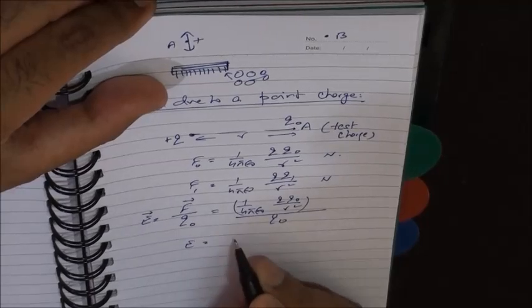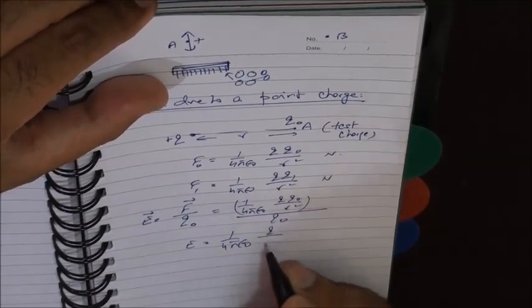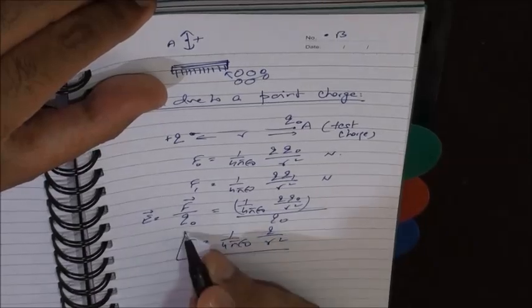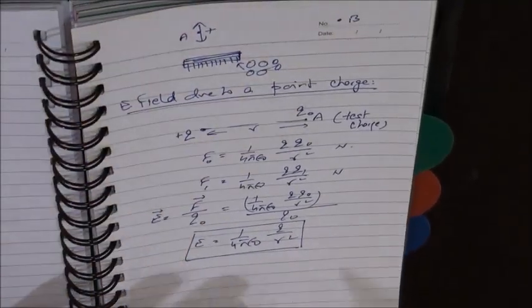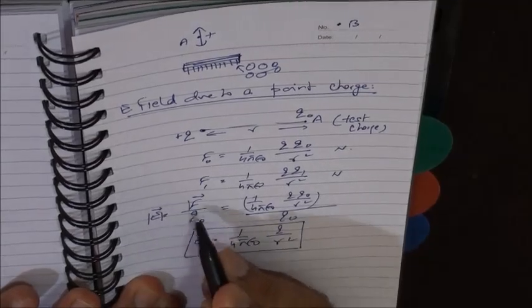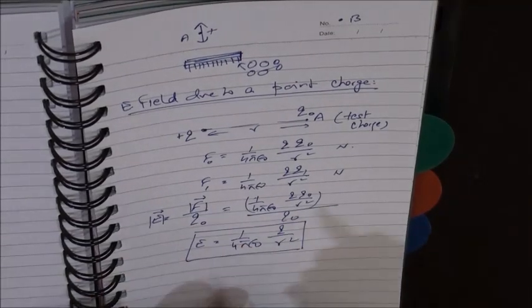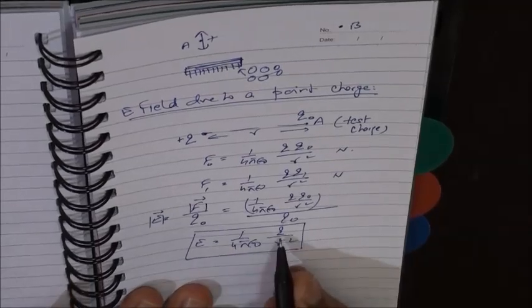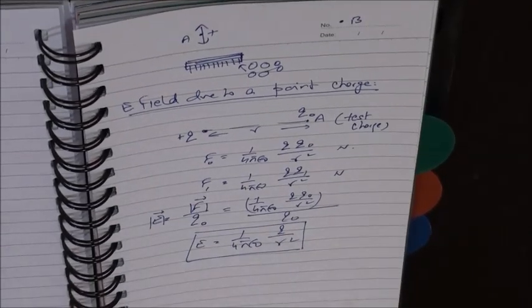So electric field is just 1 upon 4 pi epsilon naught Q by R square. Magnitude only. I am coming to direction also, right? So this is just the magnitude part. So the electric field intensity due to a point charge Q at distance R is 1 upon 4 pi epsilon naught Q by R square.